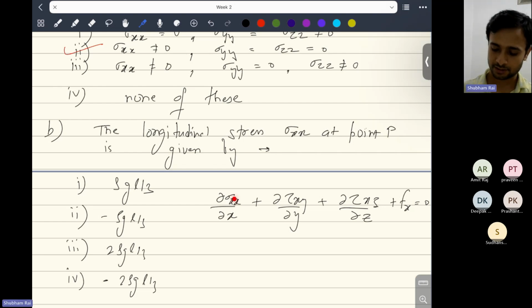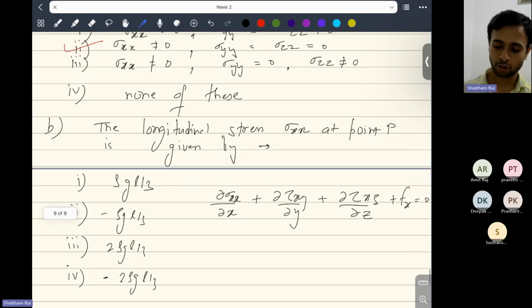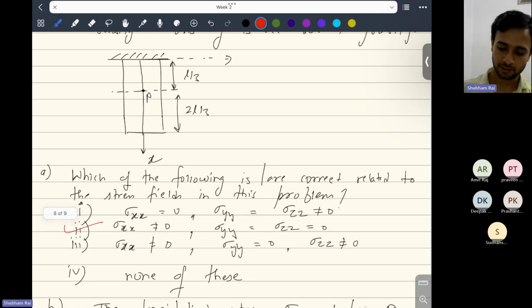This is direction x, and these are x, y, and z planes. So on this plane with plane normal y, let's say you have this plane here, and it has this plane normal along y direction. Let's say this plane is passing through this point P also.